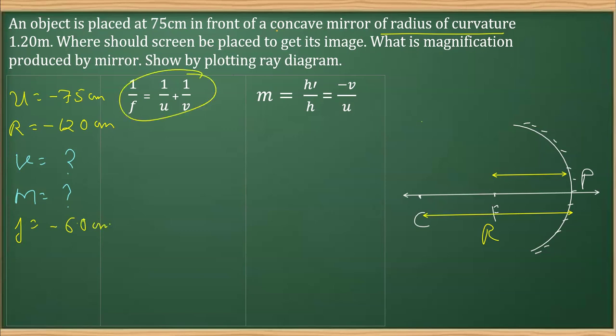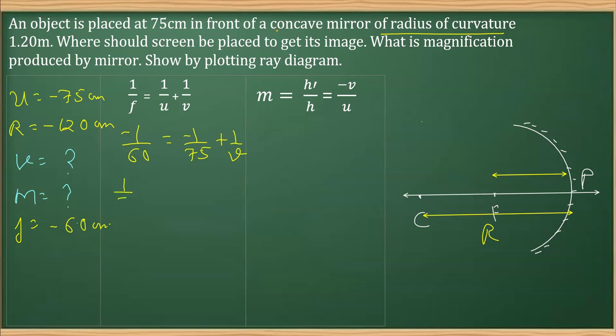Now, applying the mirror formula, we can get the value of the image distance. So here, 1 over F, that means 1 over minus 60, which is minus 1 over 60, is equal to 1 over U, and U is minus 75, so minus 1 over 75, plus 1 over V. Now transposing this to the left, it will become positive.